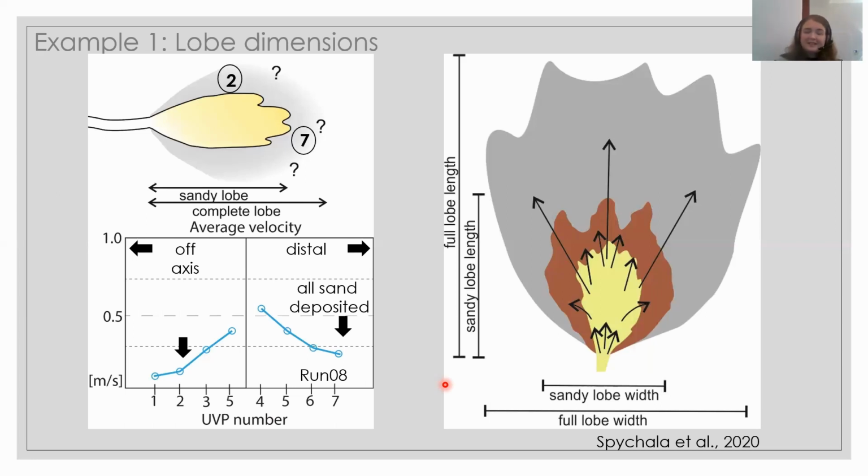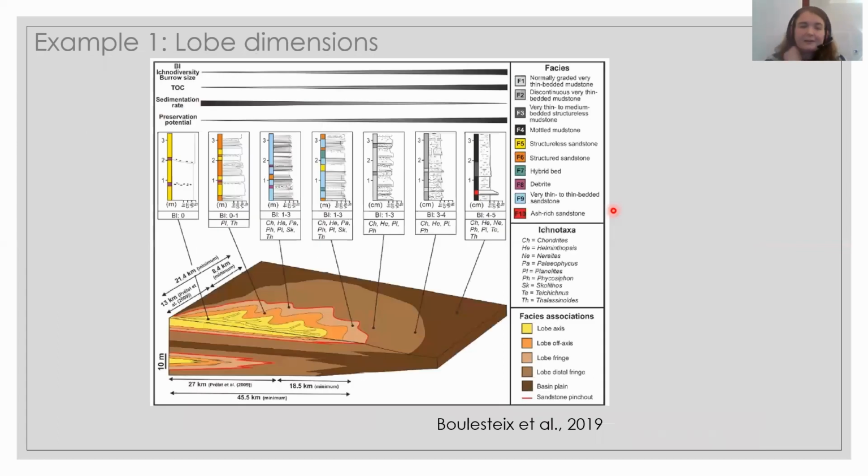But what does it actually mean now for natural deposits with this kind of silt run-out? It basically means that if we just look at our sandy and heterolithic parts of these deposits, we only capture a quite small part of the overall deposit. And this has already been pointed out in some outcrop studies as well. There's this study of Kevin Boulesteix and others that have tried to follow the more silt-prone parts of lobe deposits in the field.